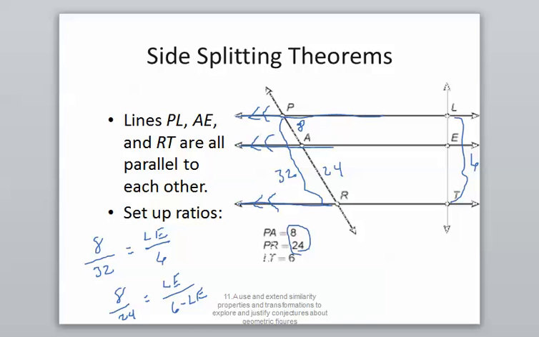Well, I subtracted the LE from the 6 to find what ET was here. That's 6 minus LE. And that way I could relate it to the 24. So there's several different ways you could go about solving these type of problems, but the idea is you're either going to find LE or you're going to find ET. That's what the concept is.